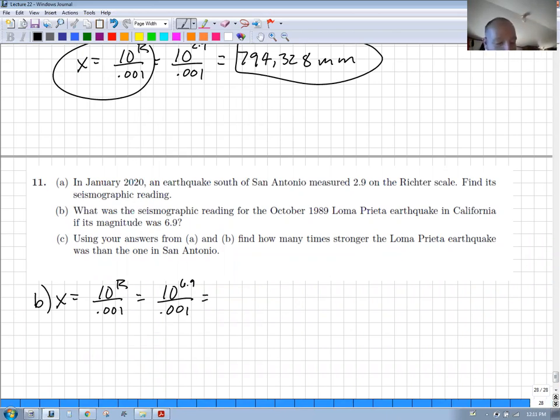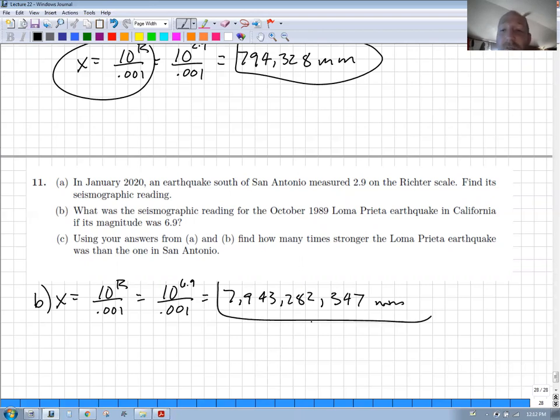That's 7,943,282,347 millimeters. So that's not millions, that's billions, 7 billion millimeters. That's pretty big.